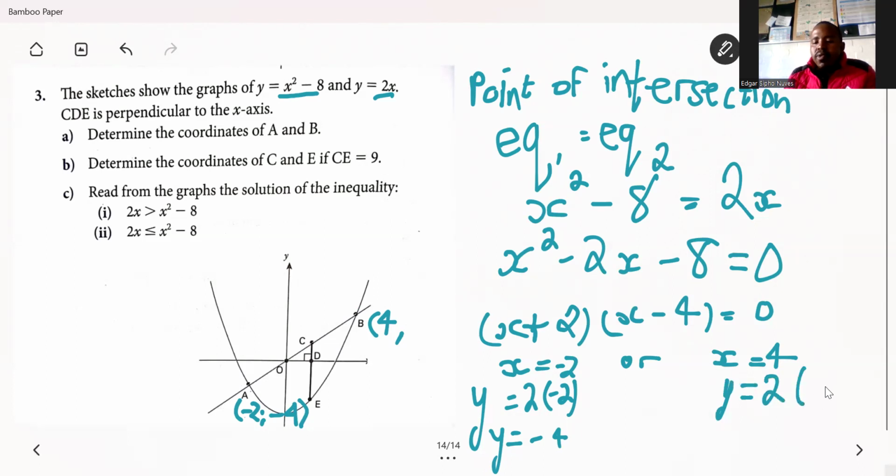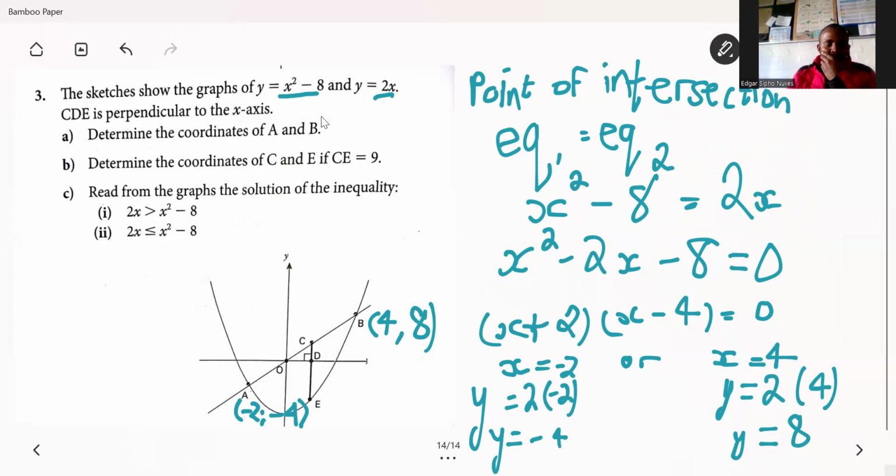It becomes 2 times 4, and the y coordinate is 8. So the coordinates of A and B are (-2, -4) and (4, 8). You should see B as both x and y positive, A as both x and y negative.